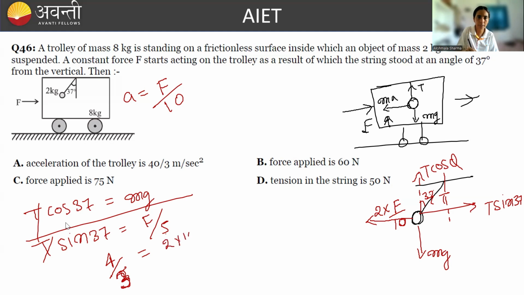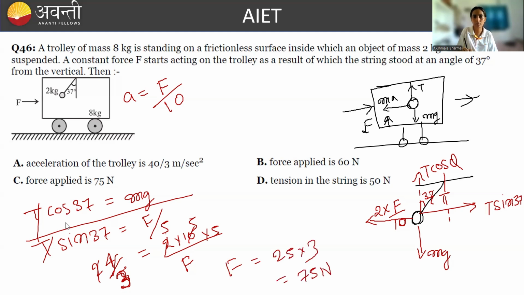So 2 into 10 divided by F into 5. So this is equal to how much? 50. This 4 is also here, so cut it like this. 2 fives are 25. So F equals 25 into 3, that is 75 Newton.